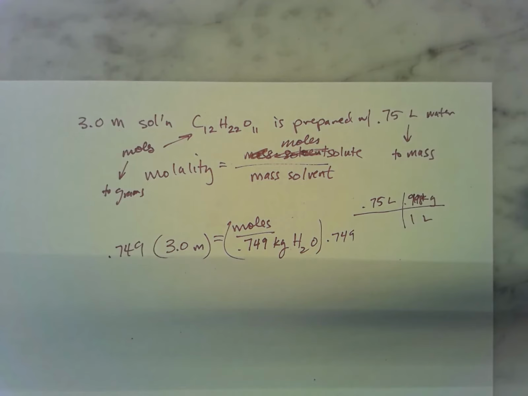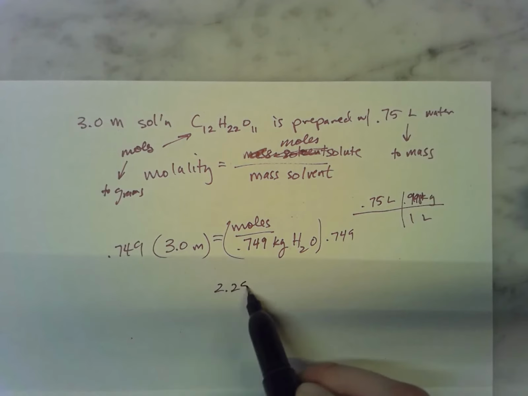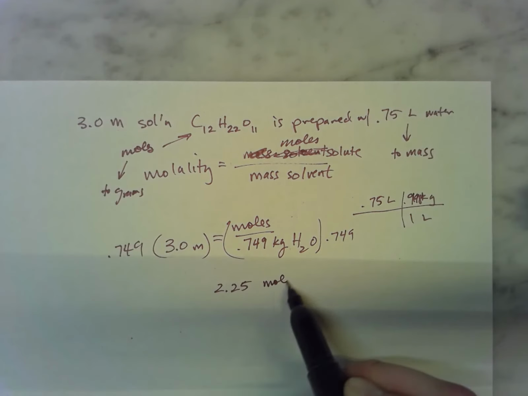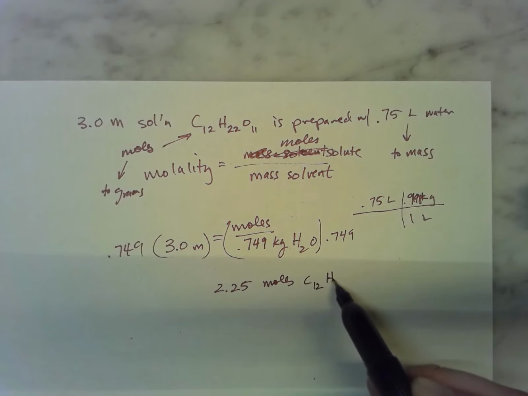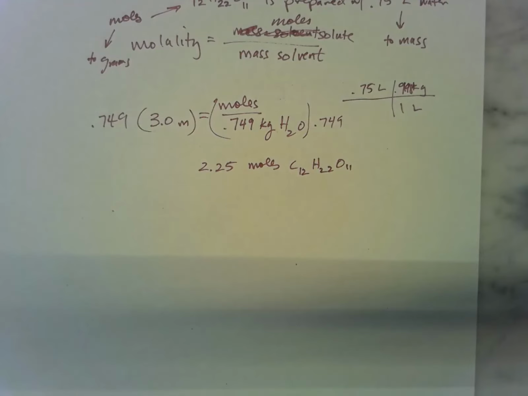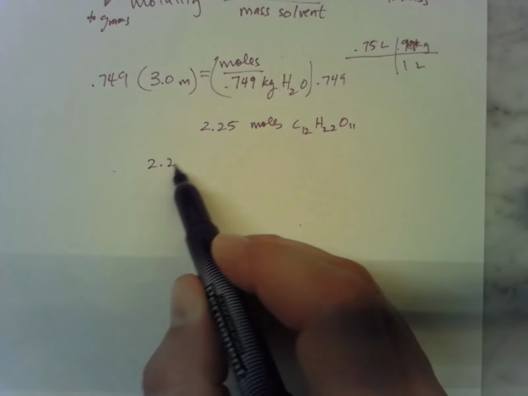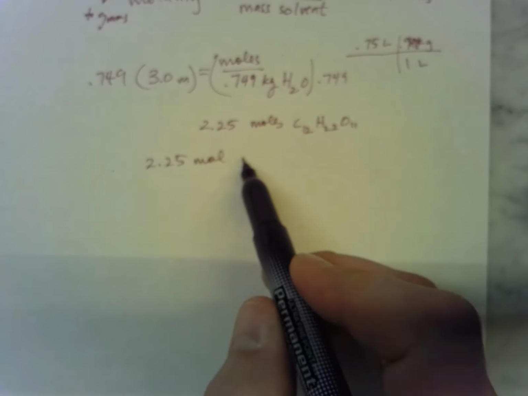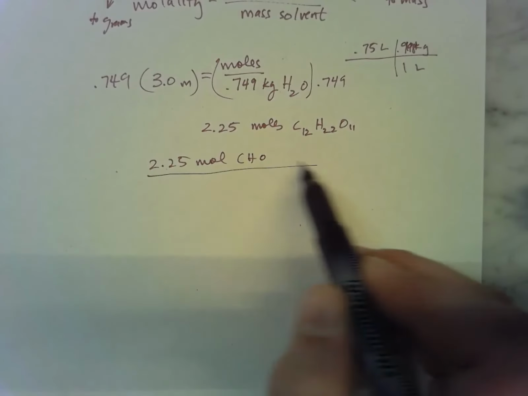Now we multiply both sides, and then we end up with 2.25 moles C12H22O11. So now we convert that. 2.25 moles C12H22O11, I'm going to shorten that.